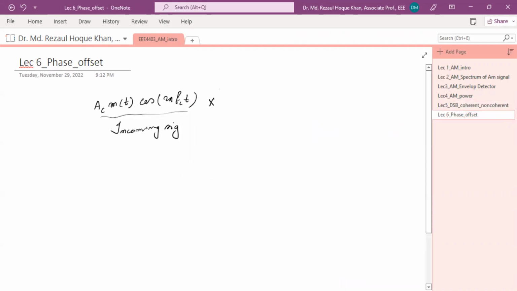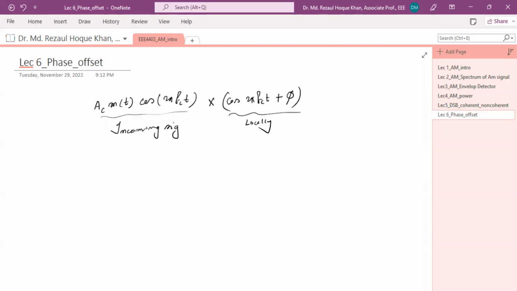So it will be multiplied by cos 2 pi f_c t plus phi. This portion is the locally generated carrier.